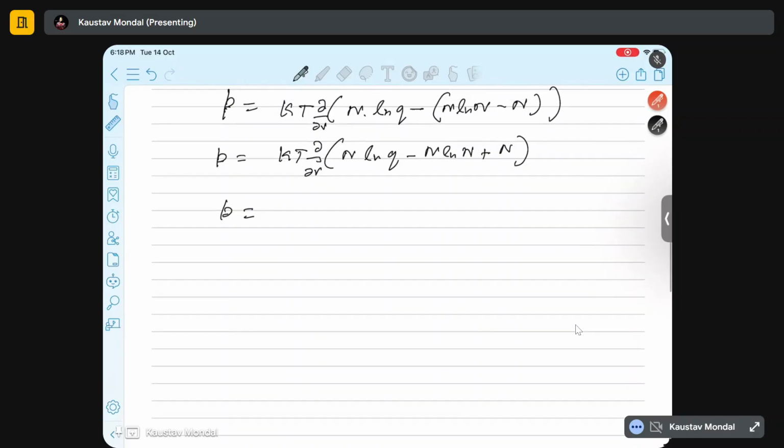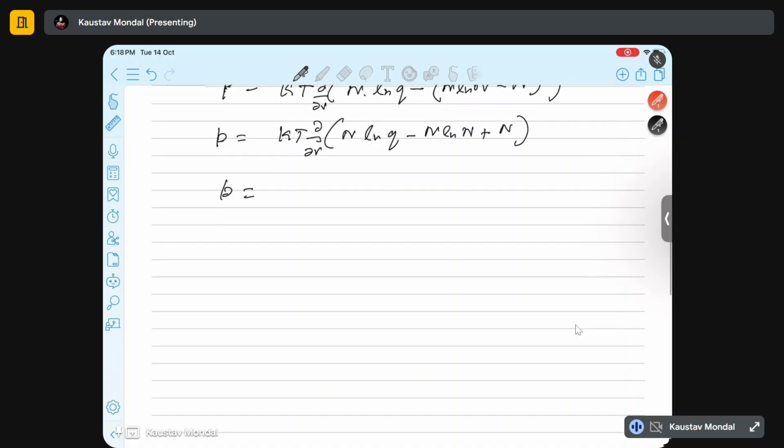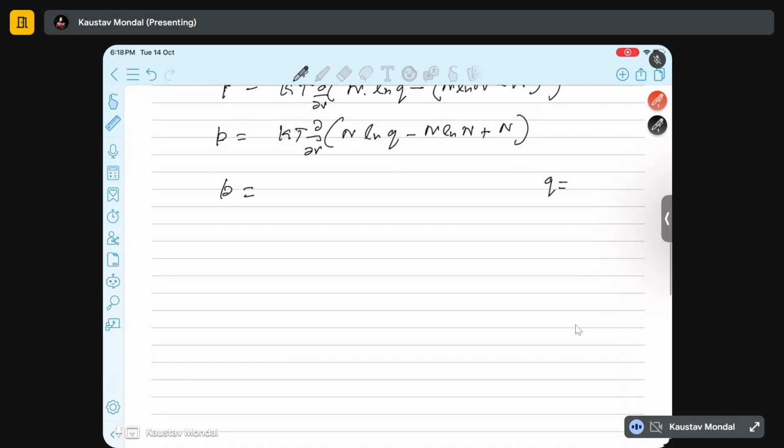So the molecular partition function is equal to q_t, which is V by lambda cubed, where lambda is the thermal wavelength, given by lambda equal to h by square root of 2 pi m kT, right?